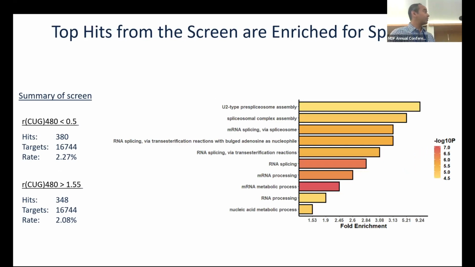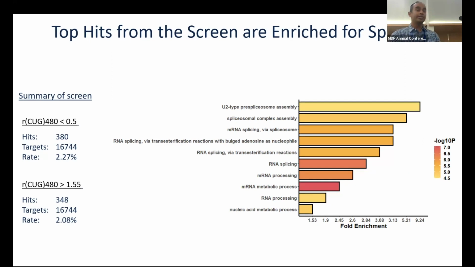Just to summarize what we identified from this screen, we filtered for hits based on the siCUG positive control of 0.5. So all hits that reduced relative CUG 480 levels below 0.5. We identified 380 hits from the screen at roughly a 2% hit rate.